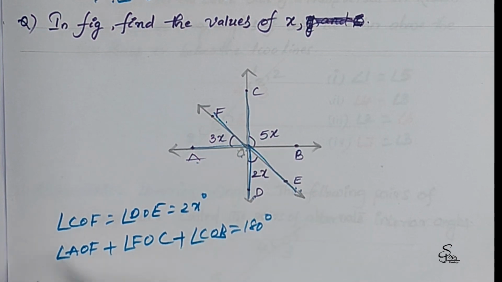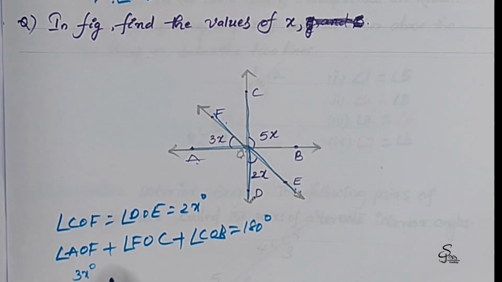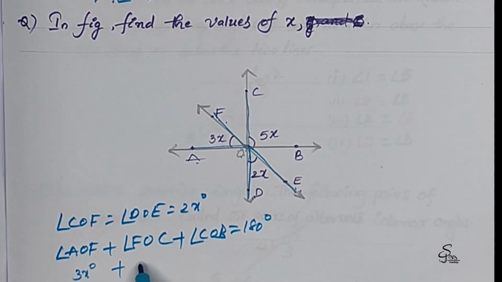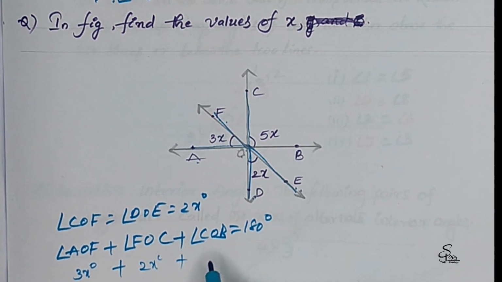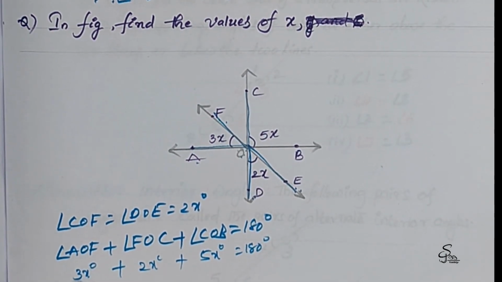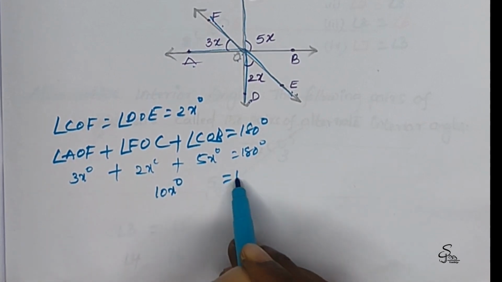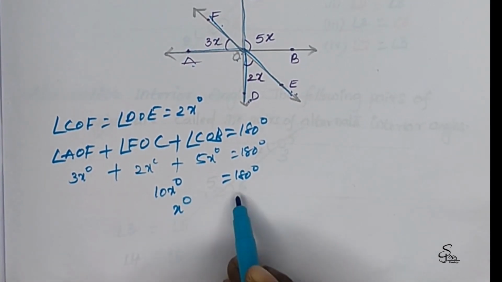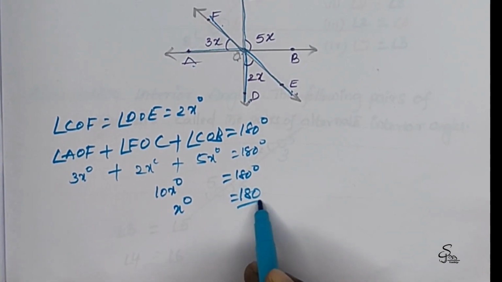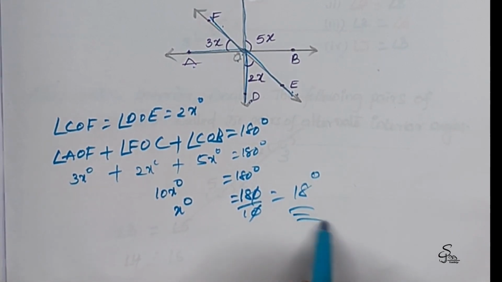That is 3x degrees plus 2x degrees plus 5x degrees equals 180 degrees. 2x plus 3x plus 5x is 10x degrees. So 10x is equal to 180 degrees, and x is equal to 180 by 10, which is 18 degrees.